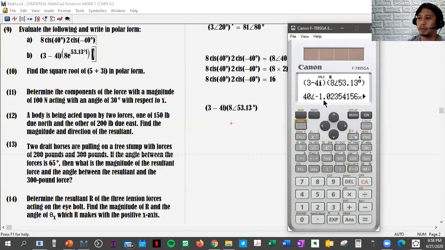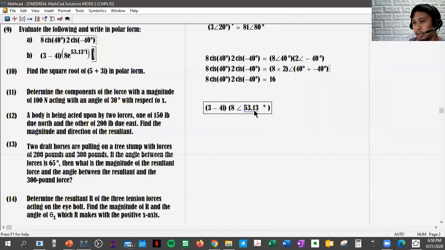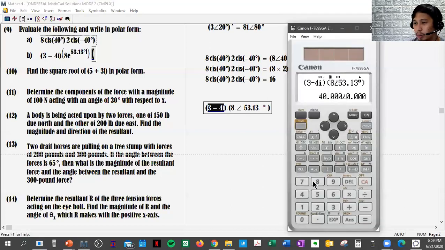Okay? So the answer is 40 angle negative 1.023. But actually, this is approximately 0. Now, if we are to set up the calculator or fix the calculator into 3 decimal places, so we got 40 angle 0. So the answer is 40. Ganun. Why is that? Because if we are to evaluate the polar form of 3 minus 4i, that is 5 angle negative 53.13.